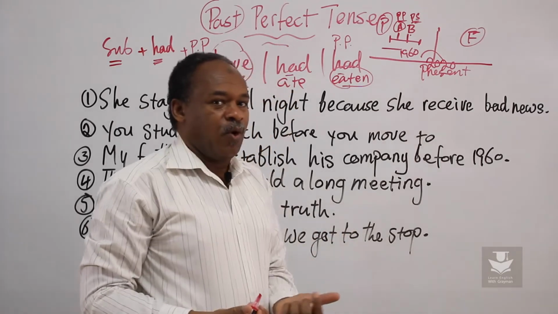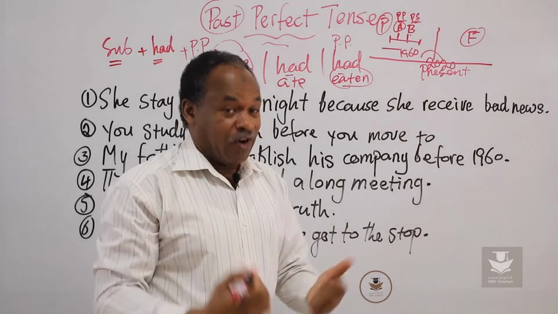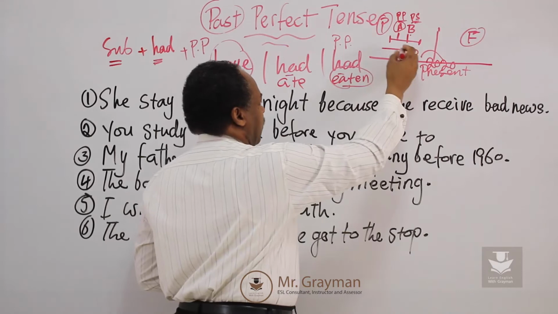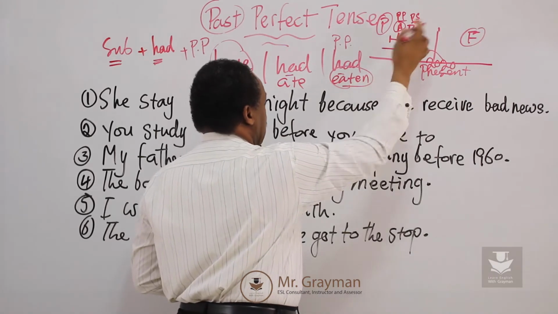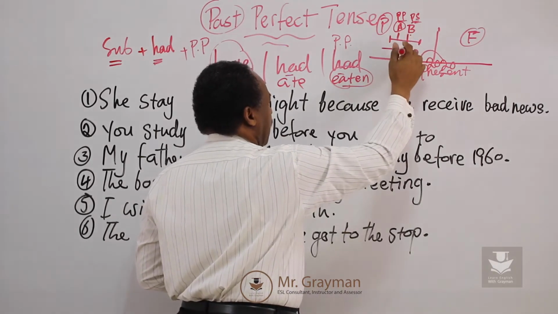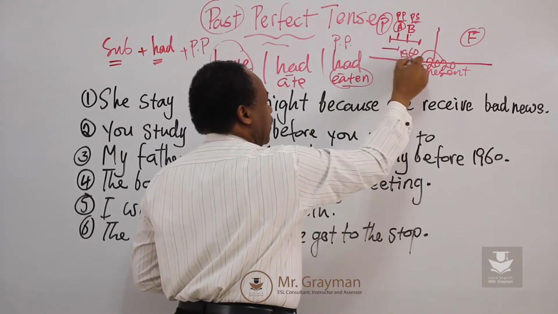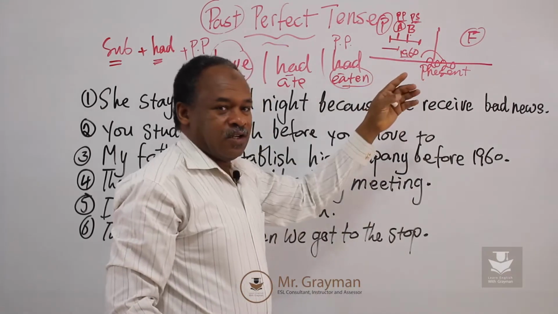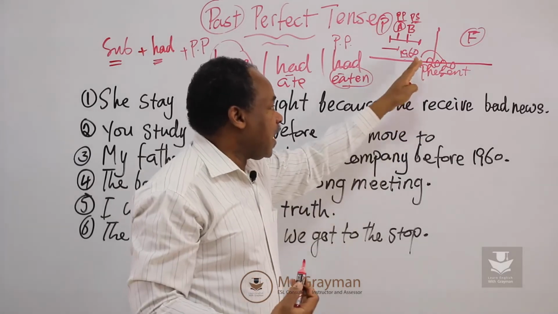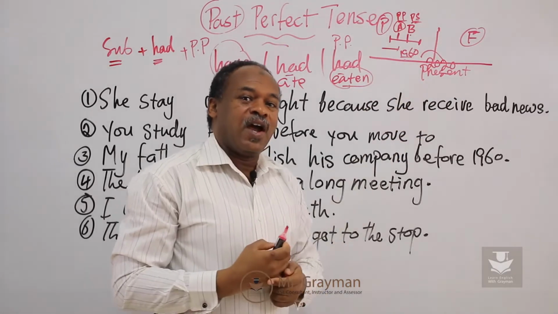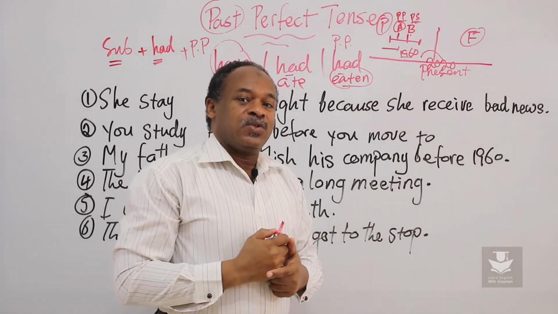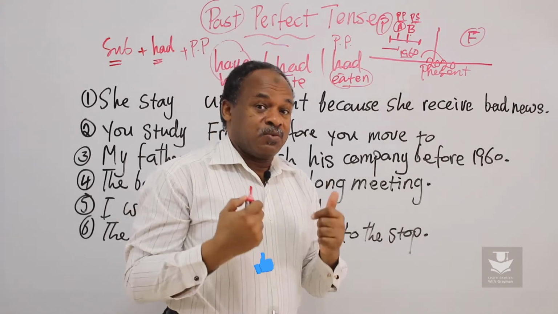That's before I was born, right? Oh, still very young. Years before I was born. Now, if something happened before a certain date or time, then we have to use the past perfect.